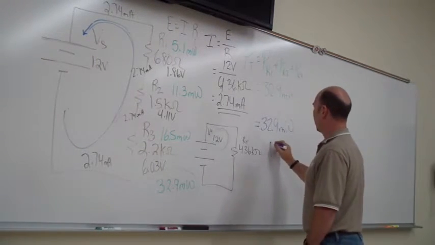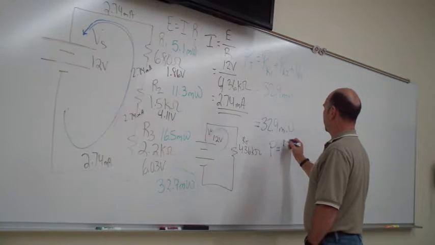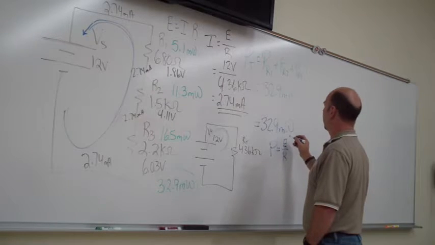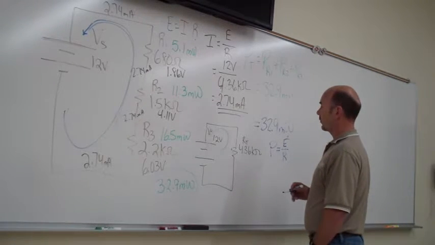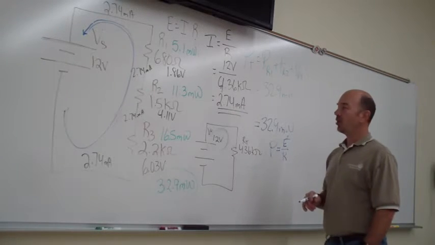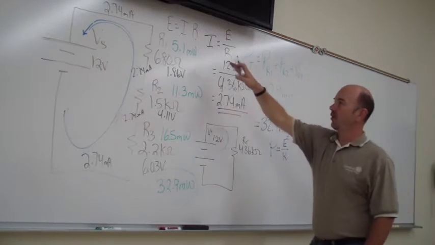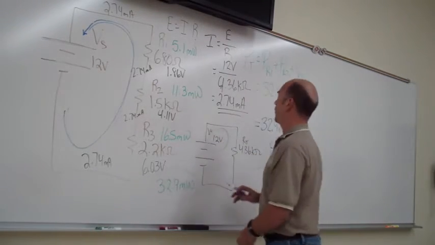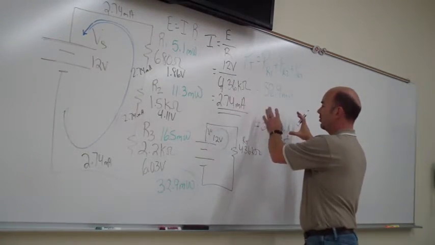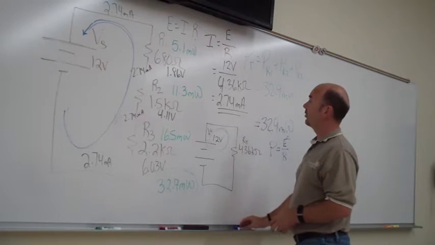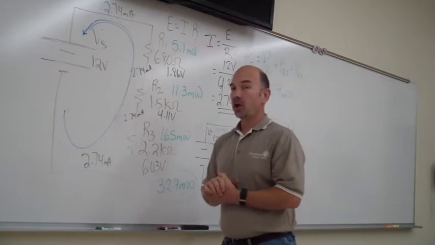Because power is equal to E squared over R. Using that, it is 32.9 milliwatts. And that's what we got from adding them all up and figuring them out individually. So if I added them all up individually, came up with that number, and then used that number as a check, I would suffice to say that you got it all right.